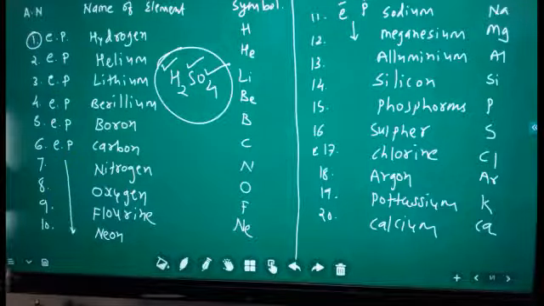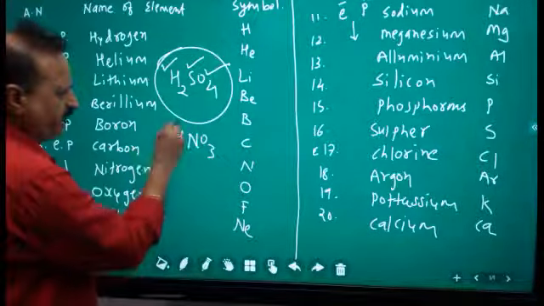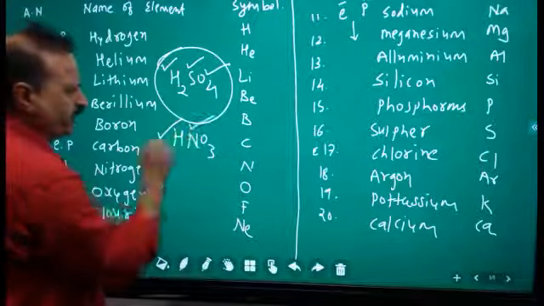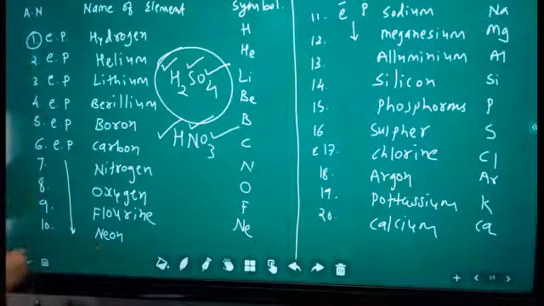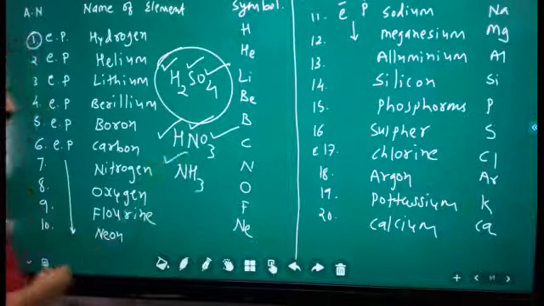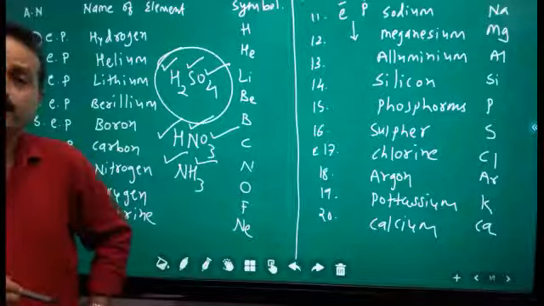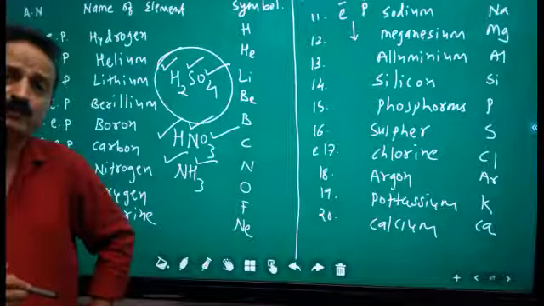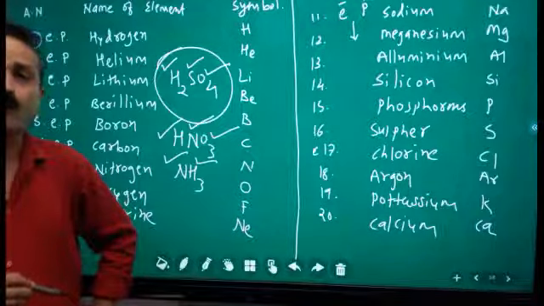Nitric acid HNO3: hydrogen atomic number 1, nitrogen atomic number 7, oxygen atomic number 8. Ammonia NH3: nitrogen atomic number 7, hydrogen atomic number 1. It means the first 20 atomic numbers are very important to make the formula of any molecule.